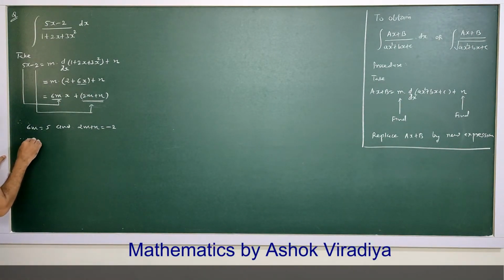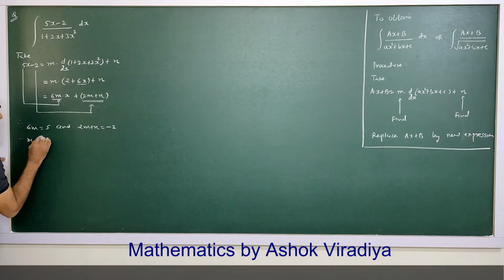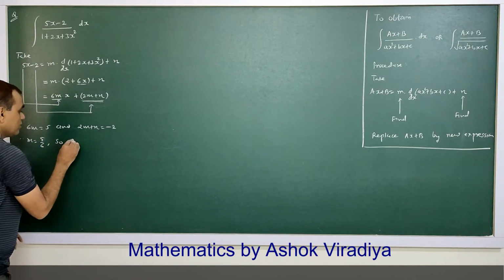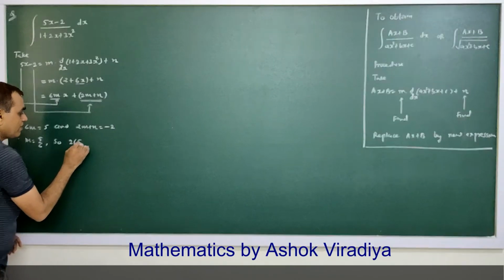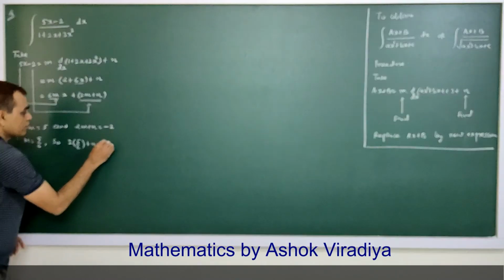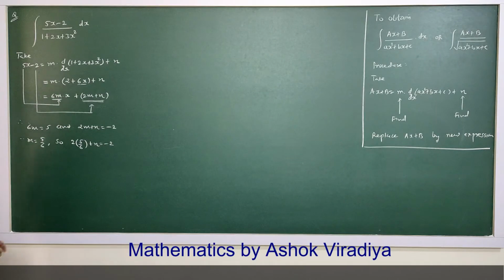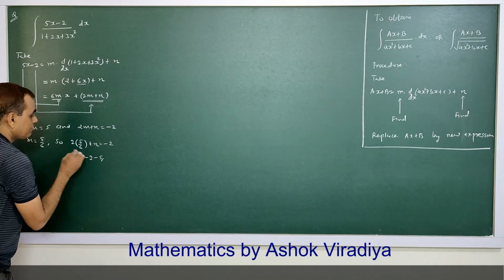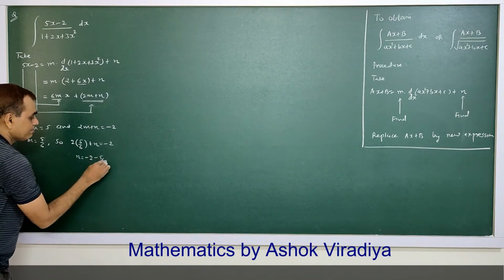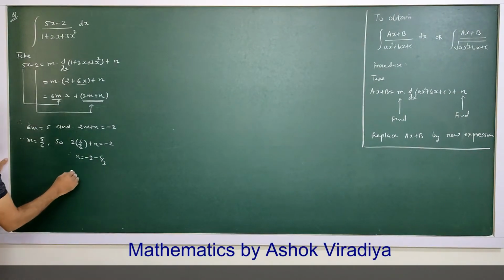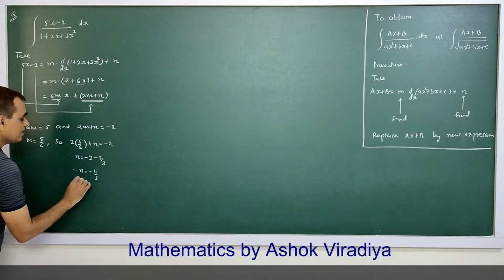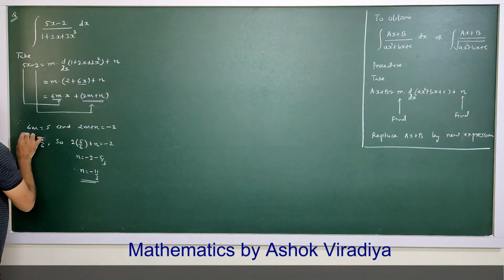Therefore m is 5 by 6. Putting m as 5 by 6 here, 2 into 5 by 6 plus n equal to minus 2. So n equals minus 2 minus 5 by 3, so n is minus 6 minus 5, minus 11 by 3. This is n, this is m.